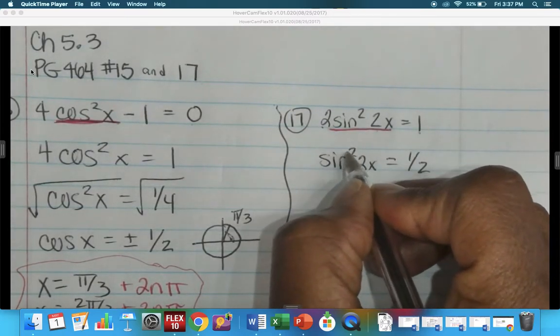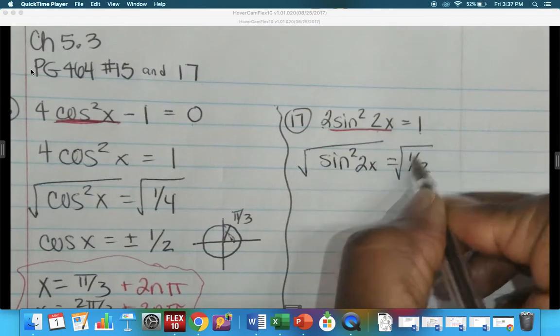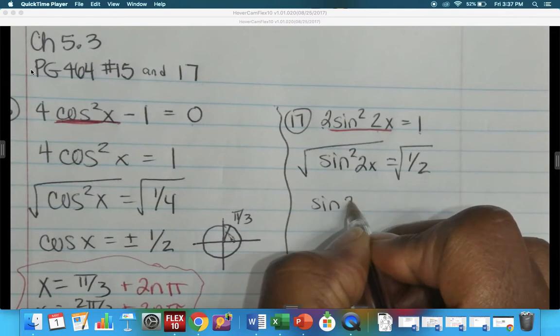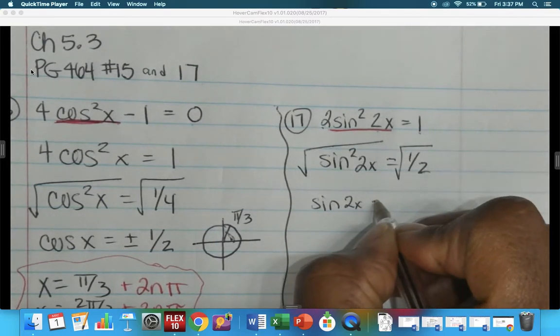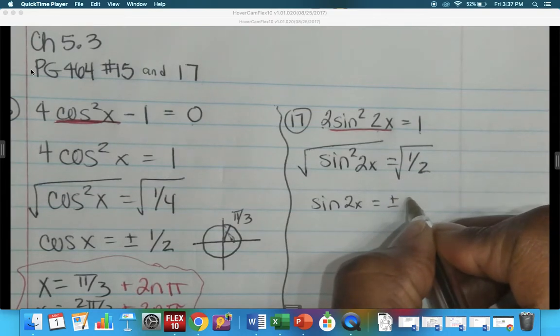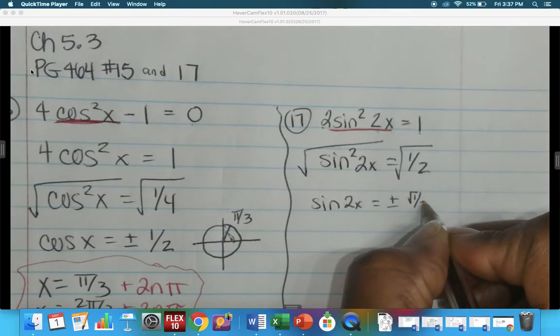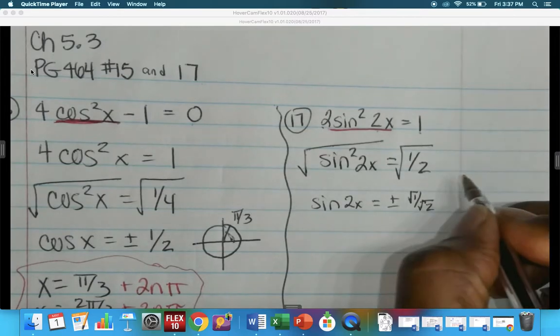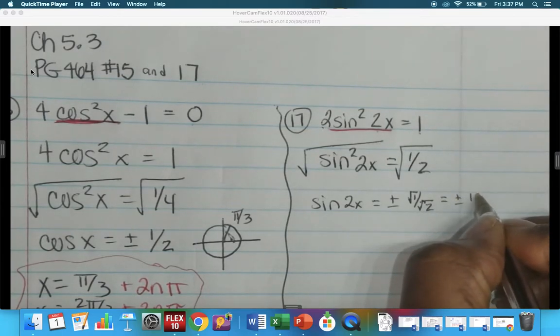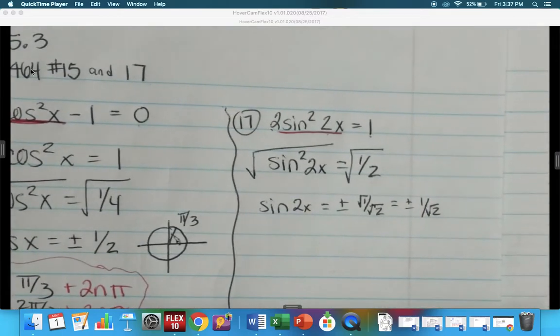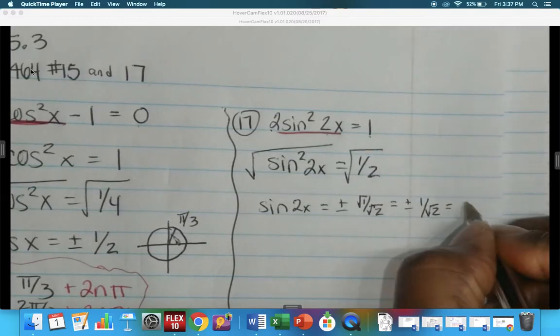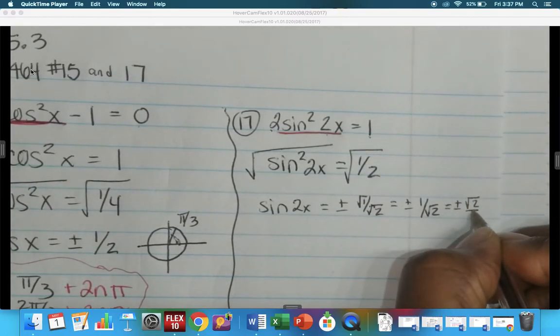And then again, I want to get rid of the squared, so I'm going to square root both sides. So now I have that sine of 2x equals plus or minus square root of 1 over square root of 2, which is equivalent to 1 over root 2, plus or minus still. Or if we were to rationalize the denominator, that would be square root of 2 over 2.